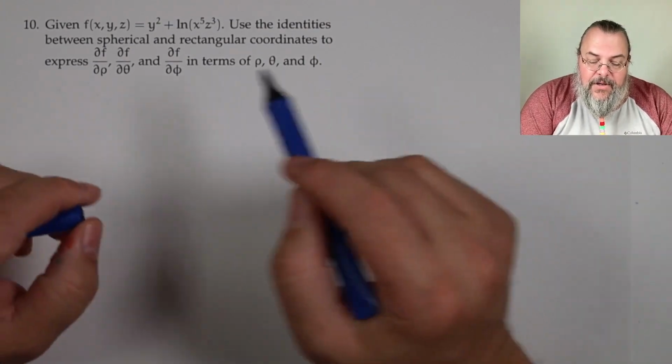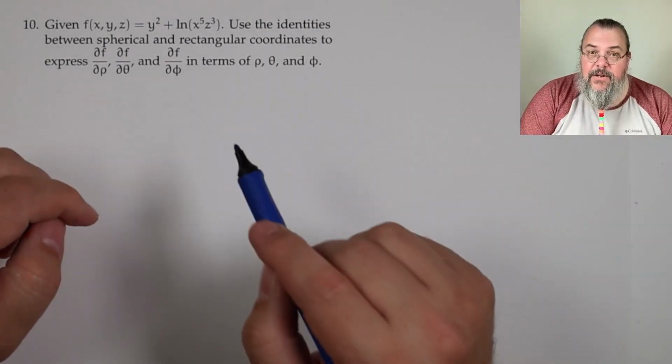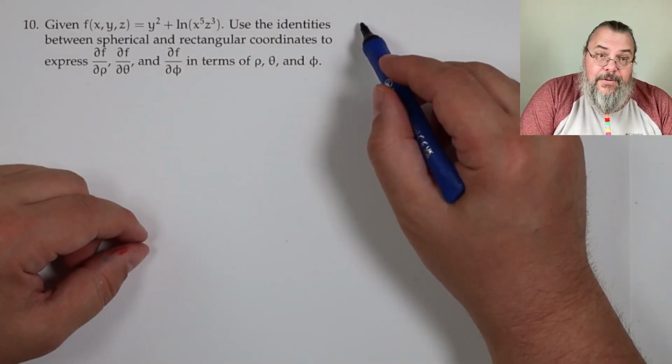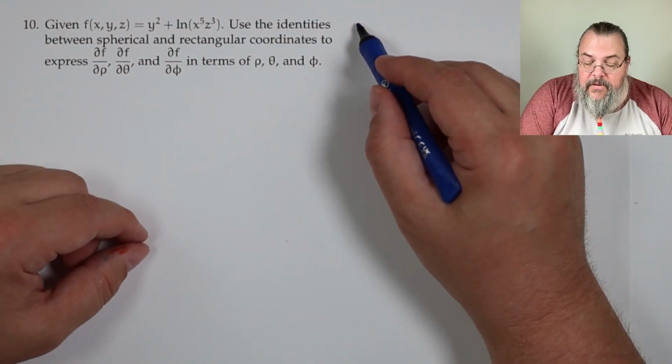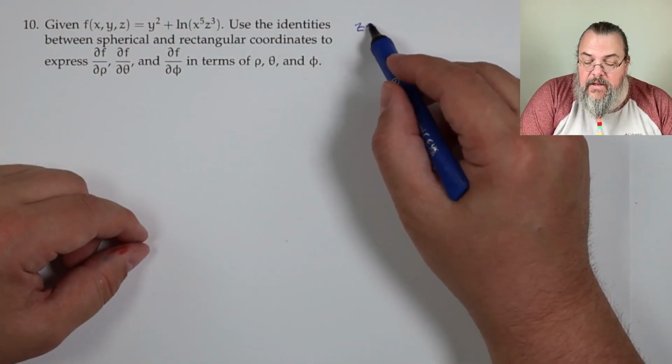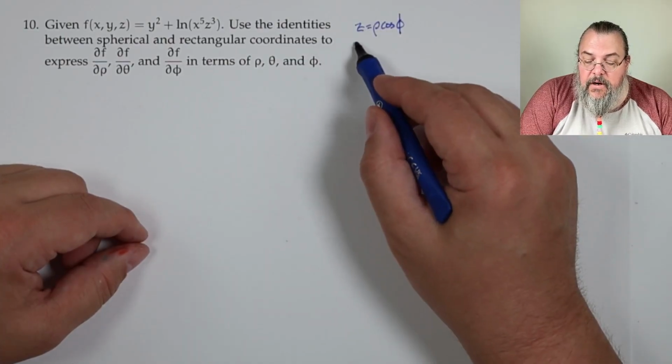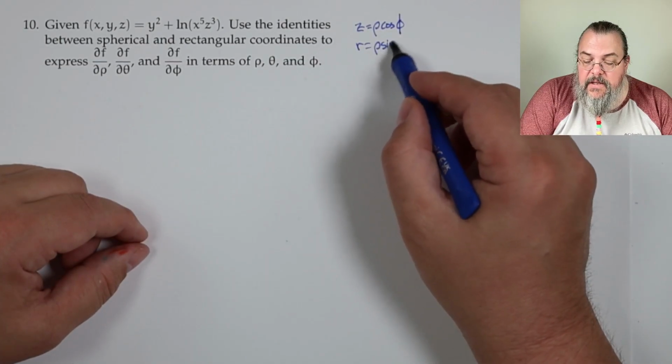You have to know how do you go between spherical and rectangular coordinates. And so you can say, well, we happen to know some facts. We know, for instance, that z is rho cosine of phi. We know that r is rho sine phi.